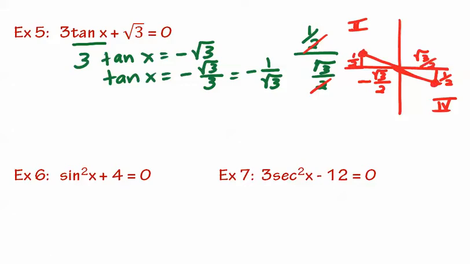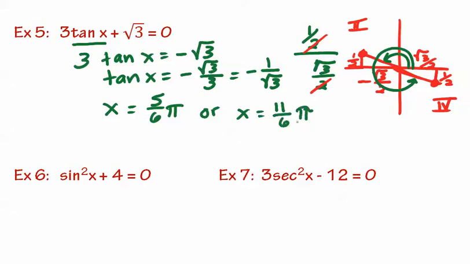So the first angle, picture it as an angle of rotation. So x, the first angle that we might have, is 5/6 pi. And the second angle in quadrant 4, so this angle that rotates all the way around, 11/6 pi. And now why wouldn't I put negative 1/6 pi?